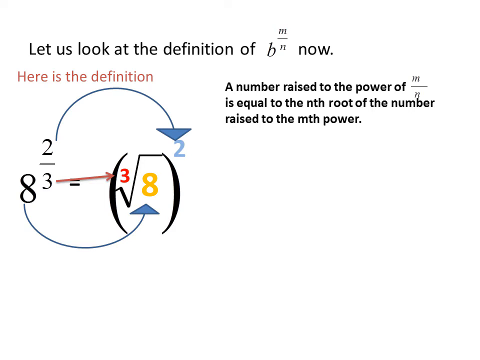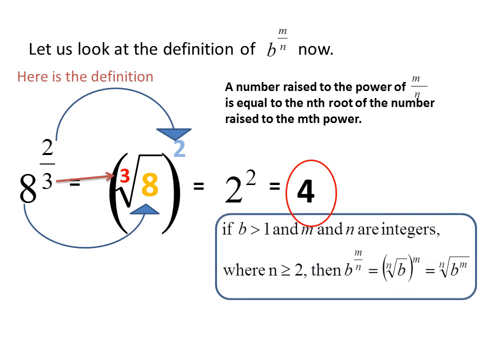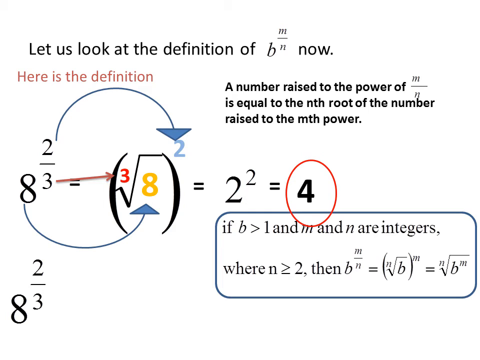So far, so good? So now what you're asking yourself is, what is the cube root of 8 squared? That's what you are saying. All right? That means the cube root of 8 is 2, and 2 squared is 4. We got that, right? Now, in other words, how else can I do it? Here's the definition for it.